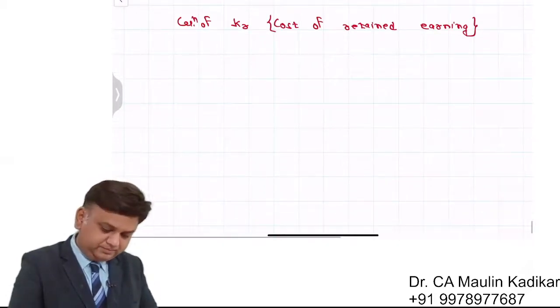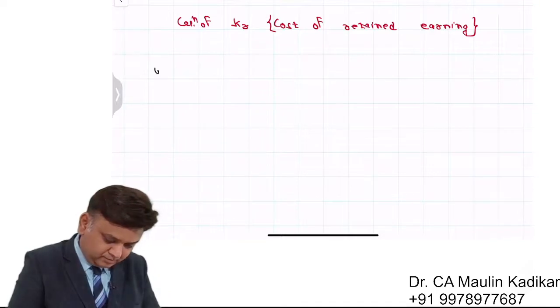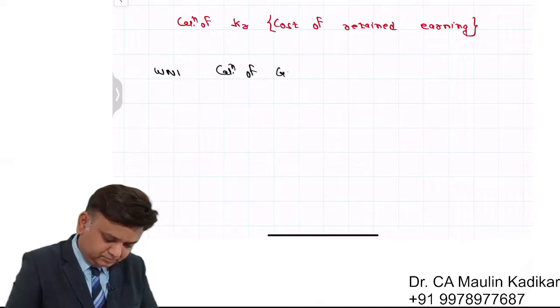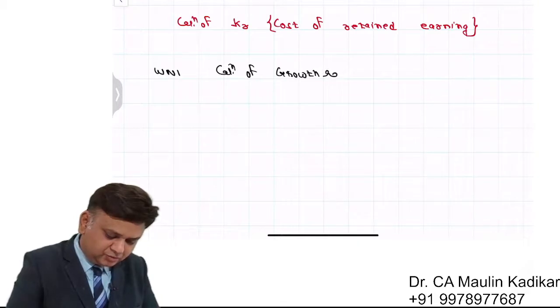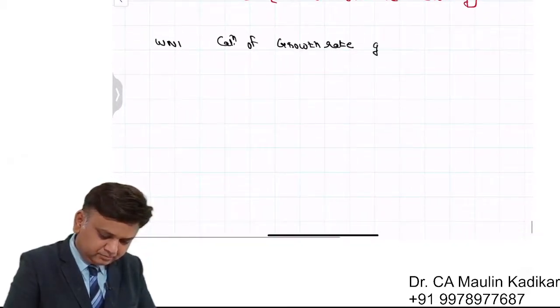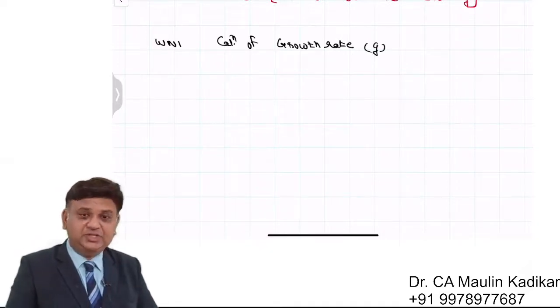In that, write down working note number 1, calculation of growth rate. In bracket I am writing G.